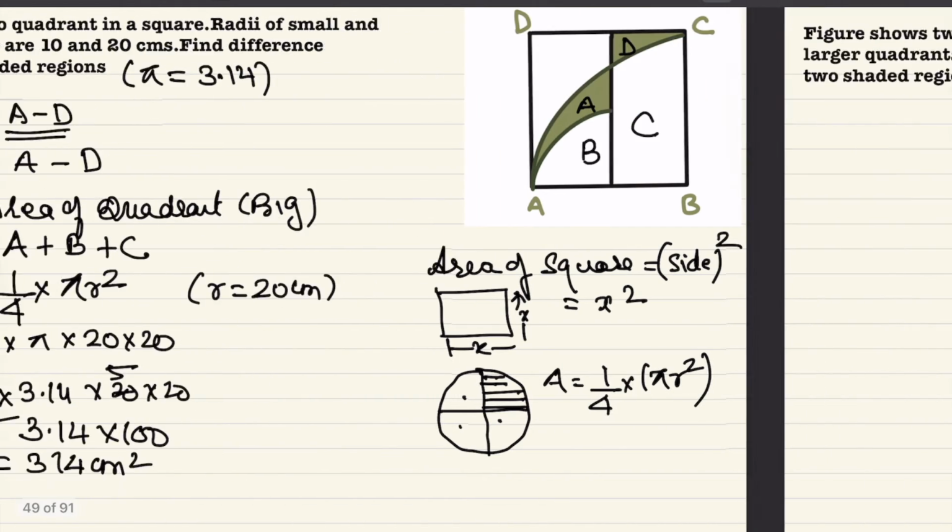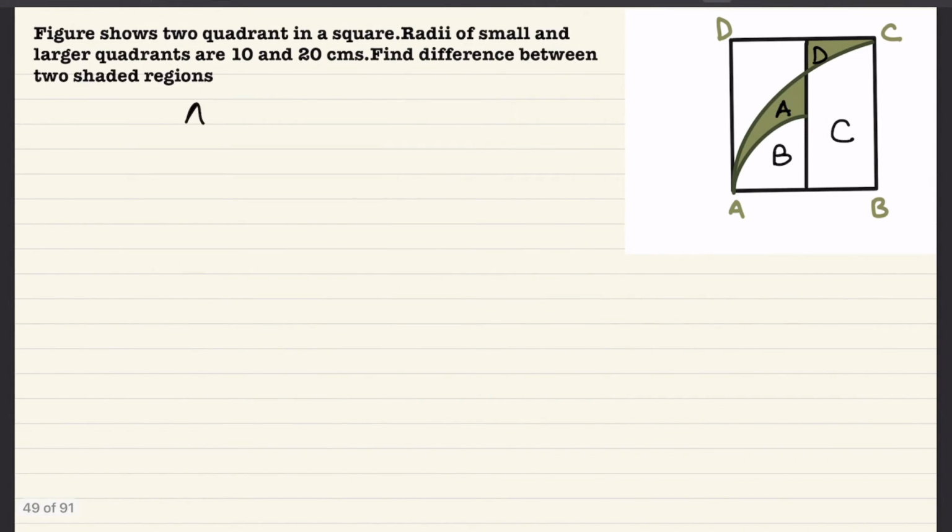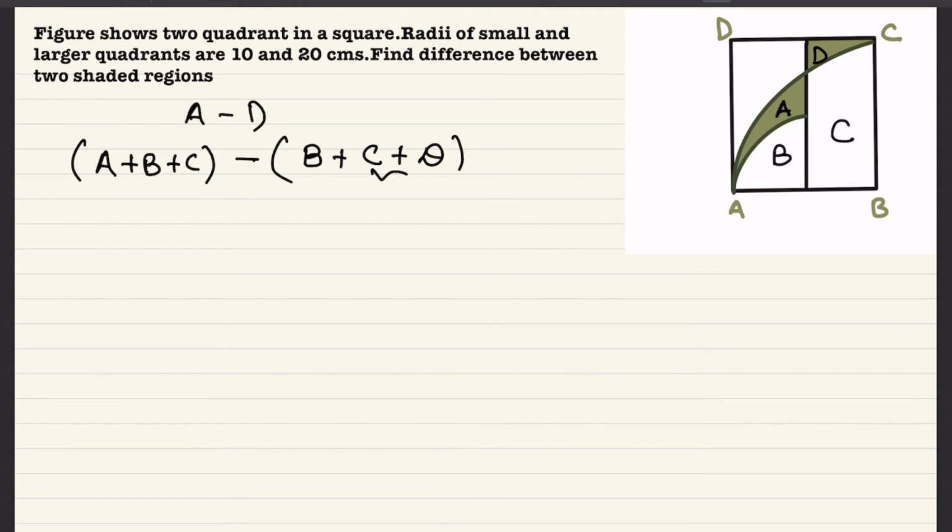Next, in order to find A minus D, we can write this as the area of the big quadrant, which is A plus B plus C. Now we can write the other region as B plus C plus D. This C plus D is nothing but the area of this small rectangle, right?